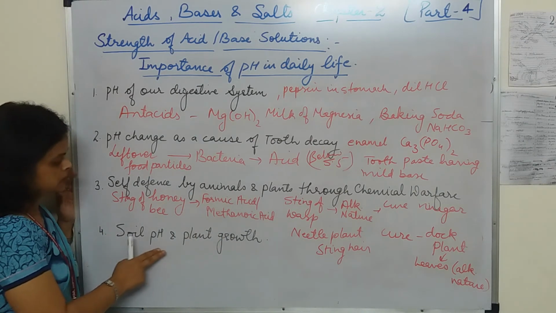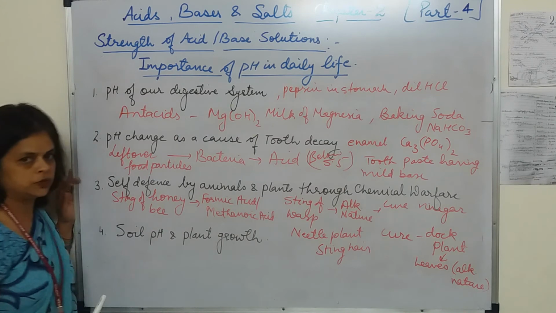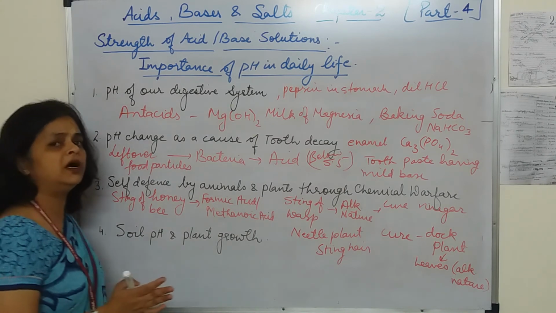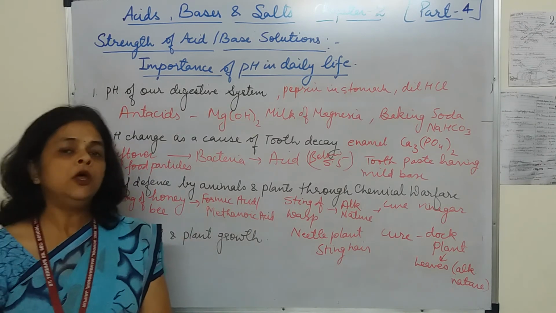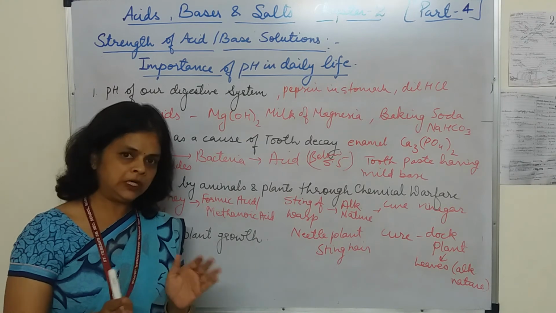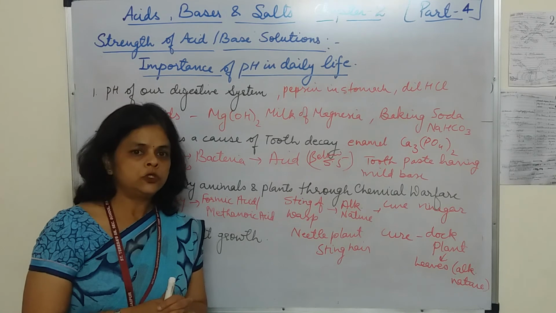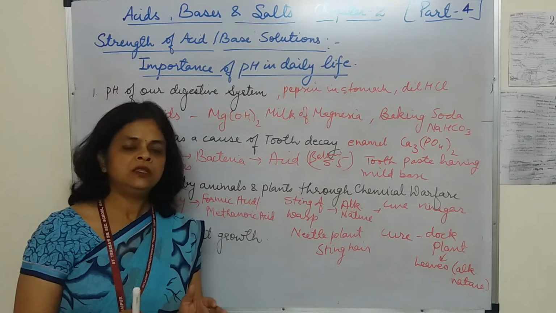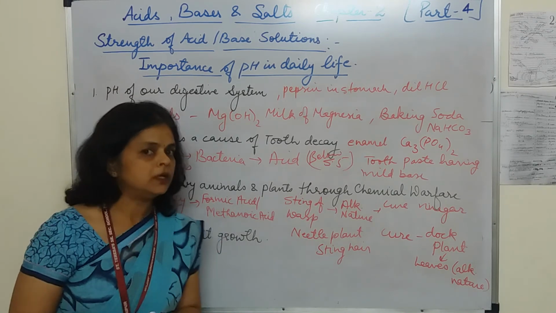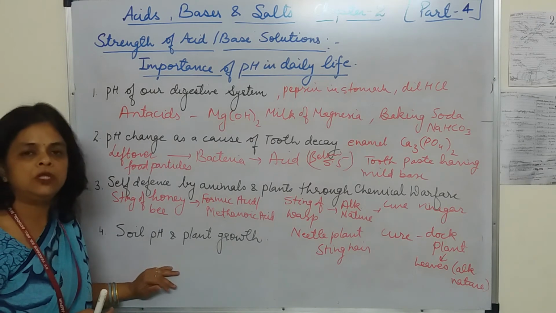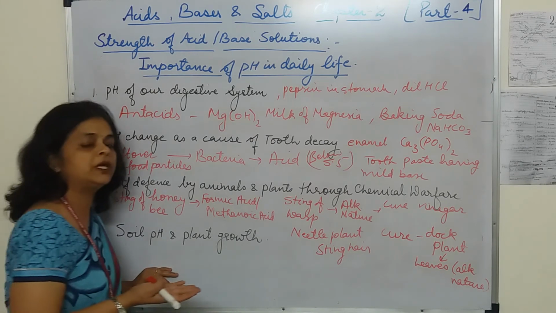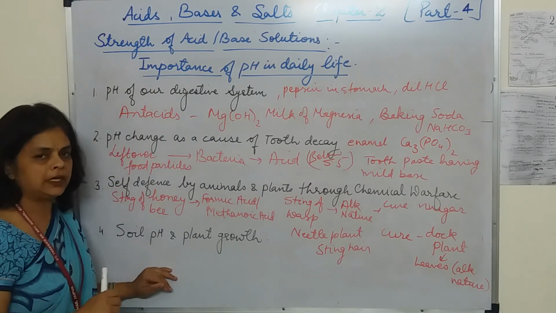The last one is soil pH and plant growth. See students, every plant requires a definite pH for its growth, and if the pH alters, then the growth of the plant also alters. So farmers take care of this. The pH should be maintained. First they find out the pH, whether the soil has become acidic or alkaline.